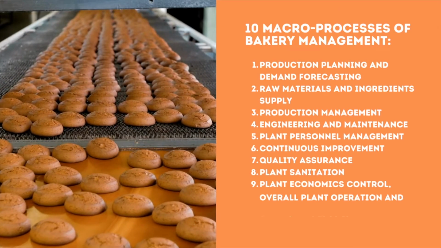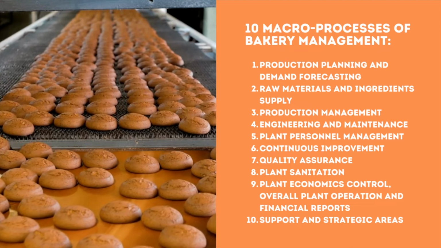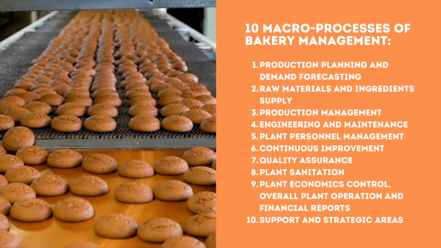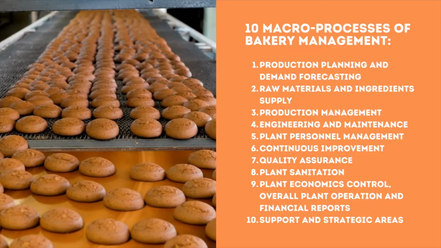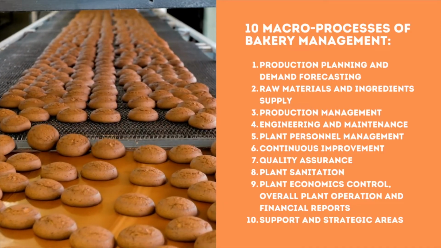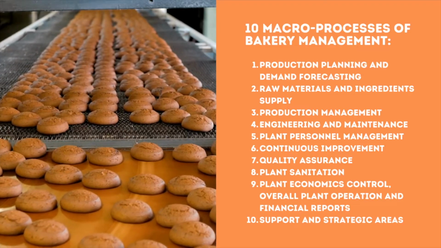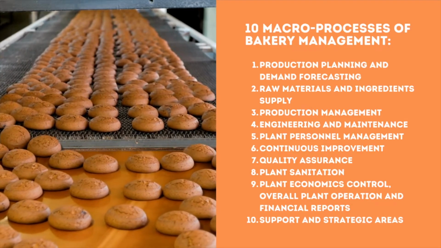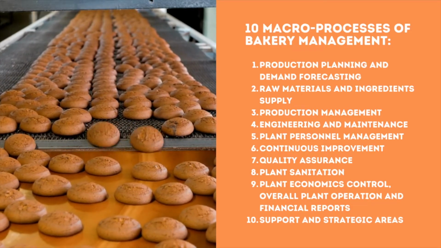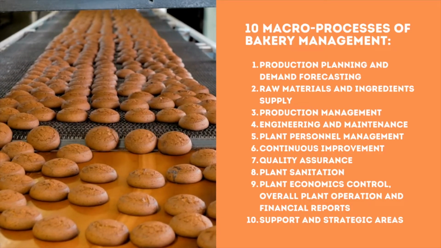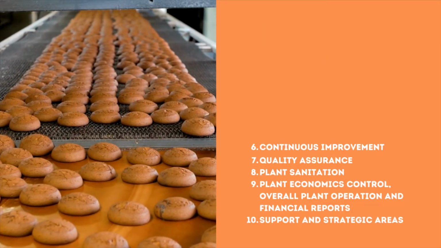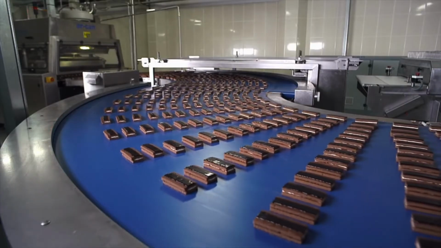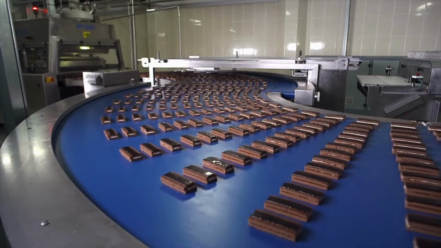It may include, but is not limited to, the following 10 macro processes: production planning and demand forecasting, raw materials and ingredients supply, production management, engineering and maintenance, plant personnel management, continuous improvement, quality assurance, plant sanitation, plant economics control, overall plant operation and financial reports, support and strategic areas, such as research and development or bakery formulations. All these processes must work closely in order to obtain the best results.